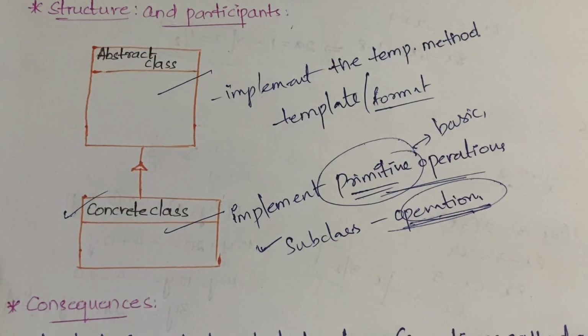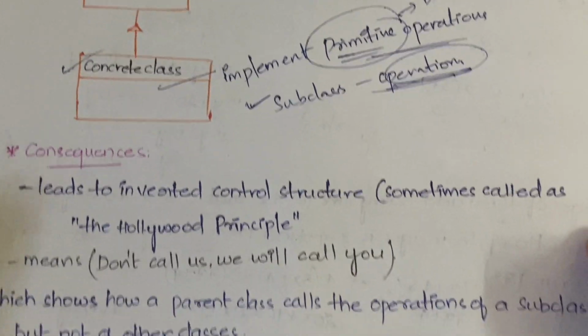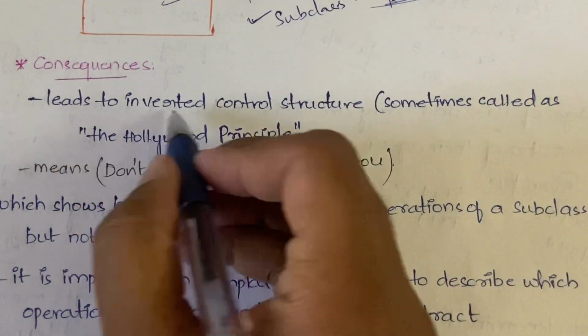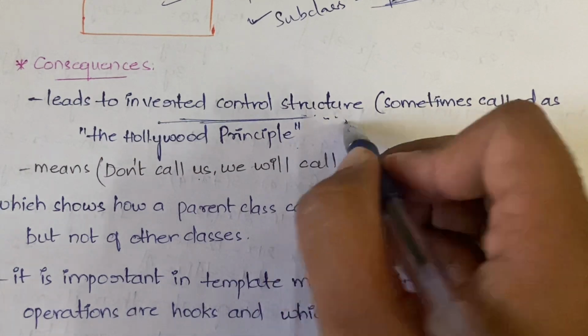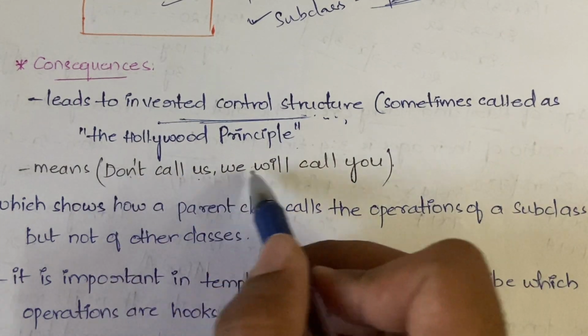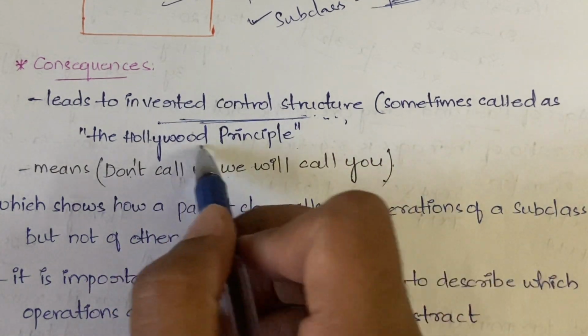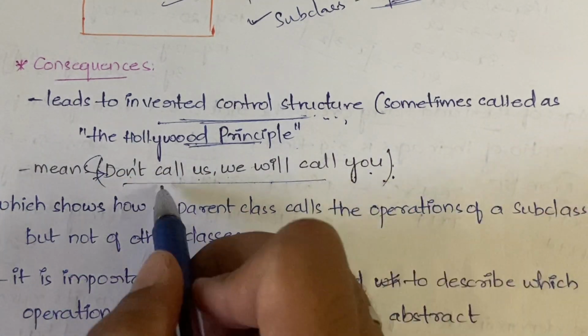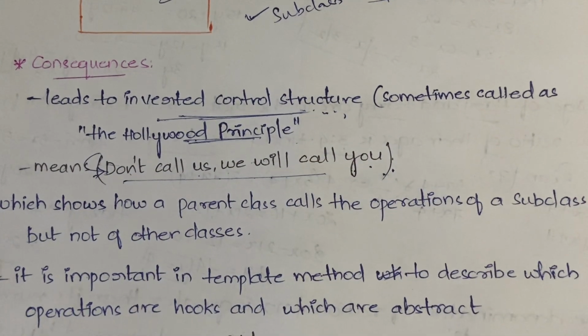Okay, got it? Now what are the consequences of this pattern? Let us see. It leads to an inverted control structure. Got it? And this is also sometimes called the Hollywood principle. So what do you mean by this is, don't call us, we will call you, right? This Hollywood principle implies that don't call us, we will only call you. So I will again explain in detail what that is.